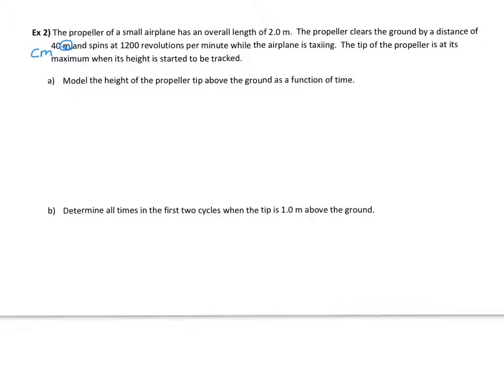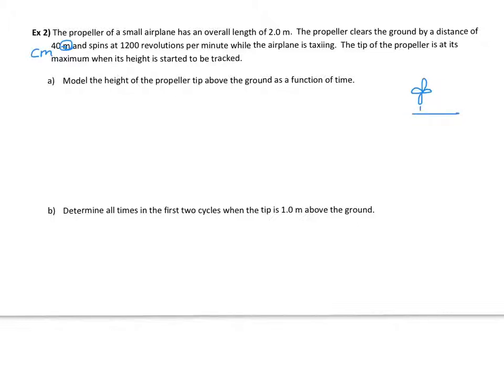Okay, so you've got the propeller on the end of the plane. I'm not going to be very good at drawing this, but I'll try my best. So let's make a little propeller here. It's supposed to be the propeller on the end of the nose of the plane. So we've got the ground.